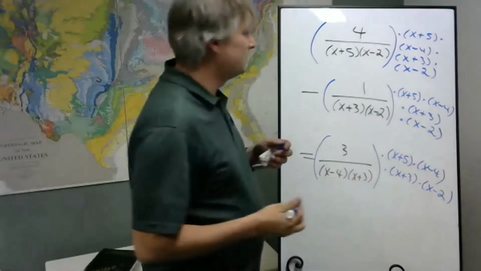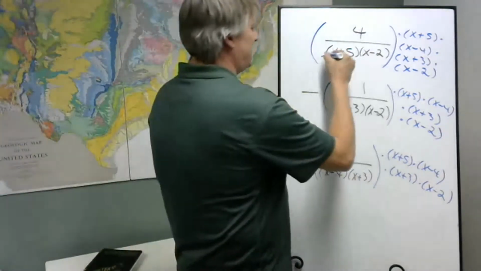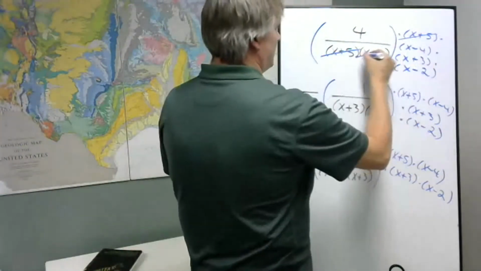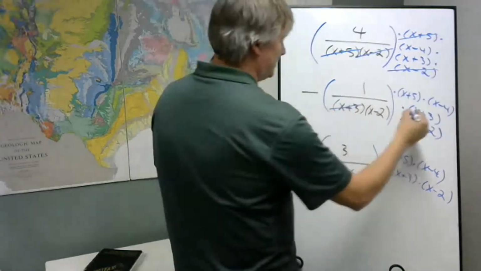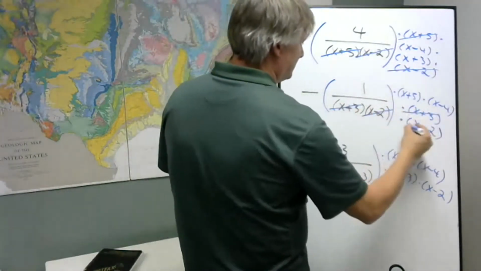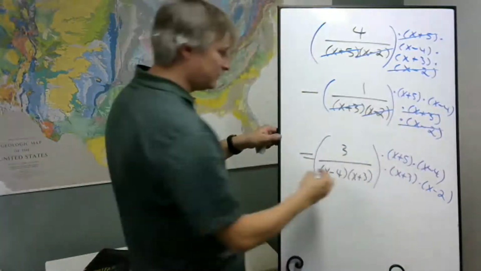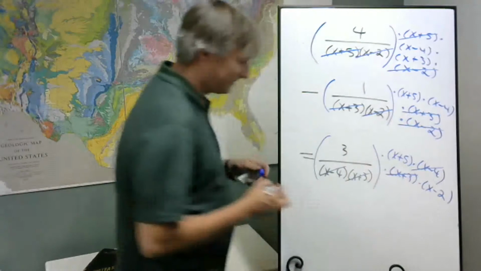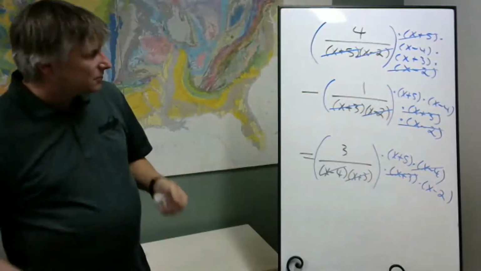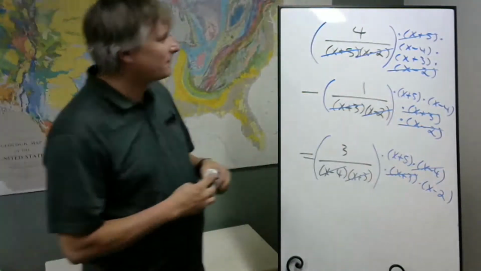And now we look to cancel. So we can cancel the x plus 5s, the x minus 2. We can cancel the x plus 3, the x minus 2. We can cancel the x minus 4, the x plus 3. So what do we have left over?